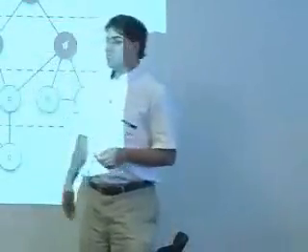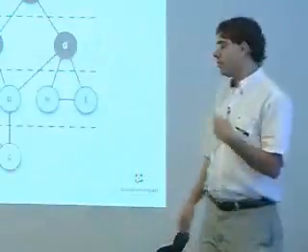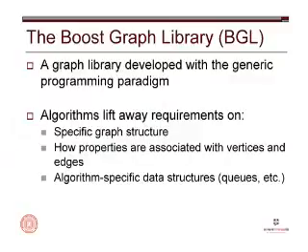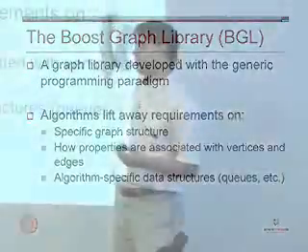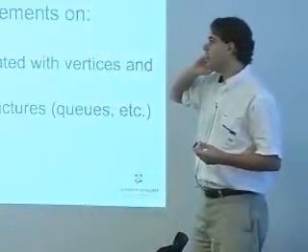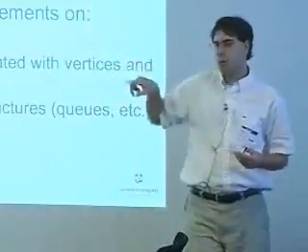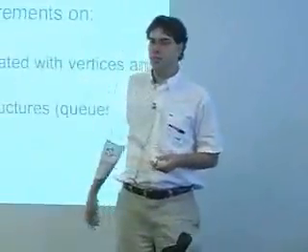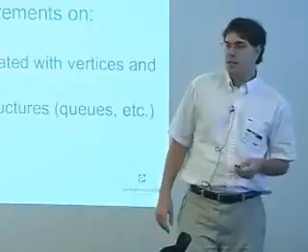There's a book here, it's somewhat dated, that describes the evolution and design of the library itself. The most important things about the library, first of all, it's one of the biggest libraries developed with the generic programming paradigm from start to finish. And all of the algorithms are going to lift away requirements in a couple different areas. First of all, we don't care what the graph data structure actually is. That does not matter.